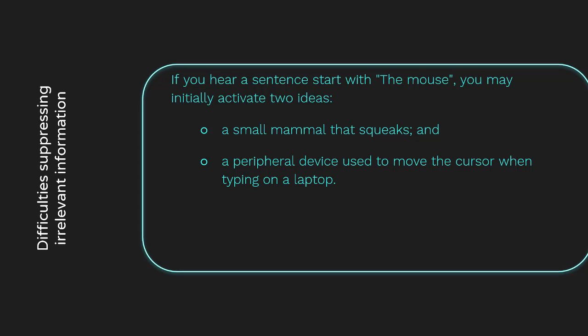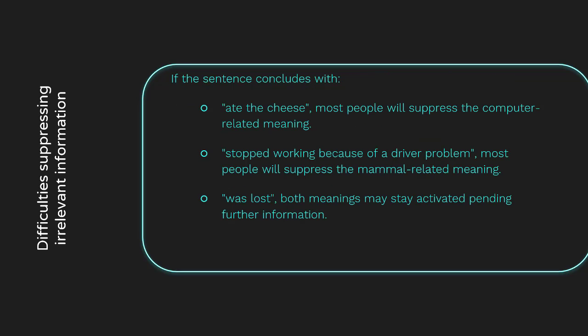But when I think of that, I think first of a small mammal that squeaks and eats cheese, and secondly, of a peripheral device used to move the cursor about when I'm typing on a laptop. If the sentence concludes with "ate the cheese," I'm going to suppress the computer-related meaning straight away, and I will have in my mind a very clear idea, probably of a white mouse, the type that you see in the media in particular.